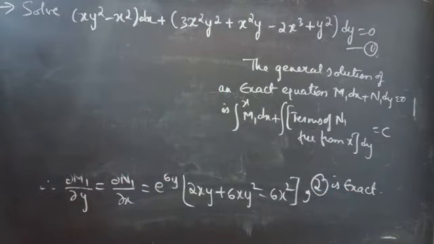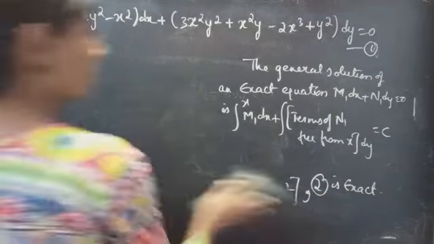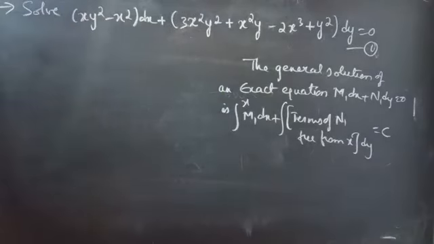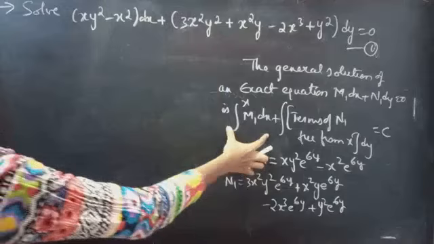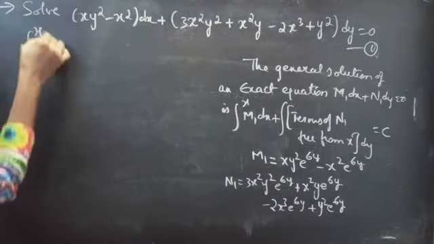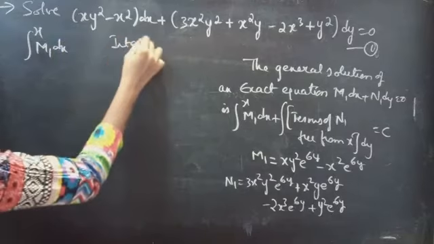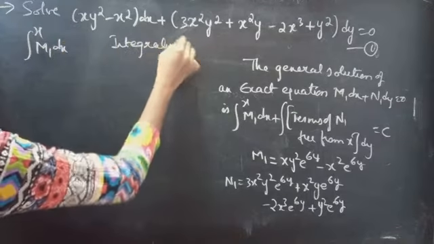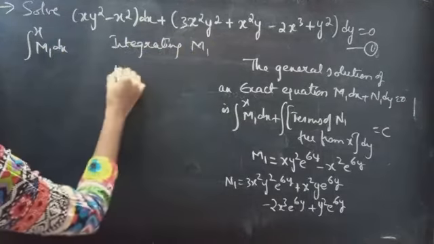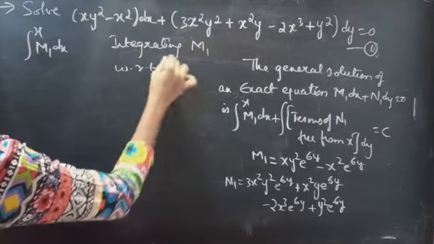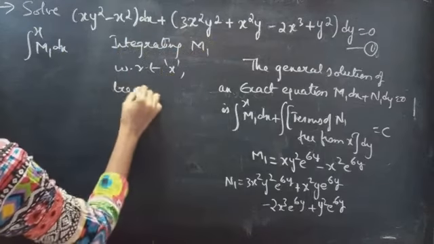Right. And also we are having m1 and n1. Now consider the first integral, the integral over x of m1 dx. Here we will be integrating m1 with respect to x, treating y as constant.